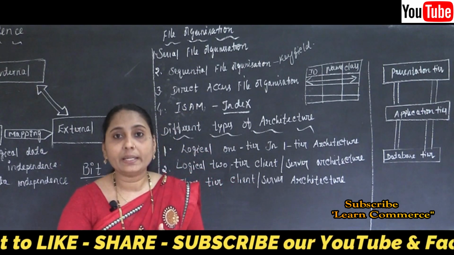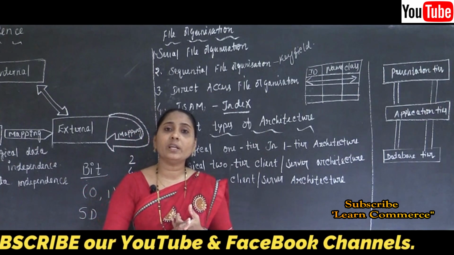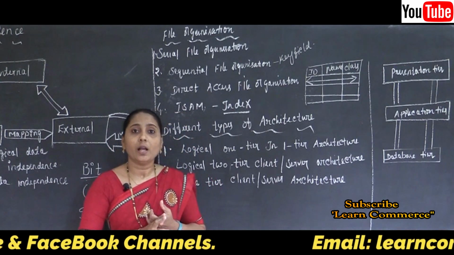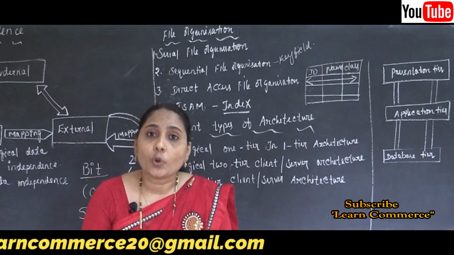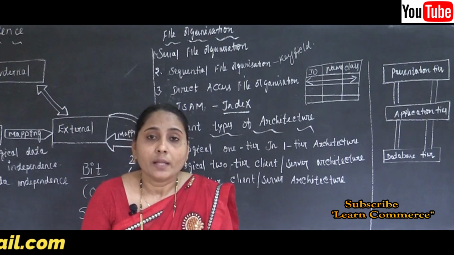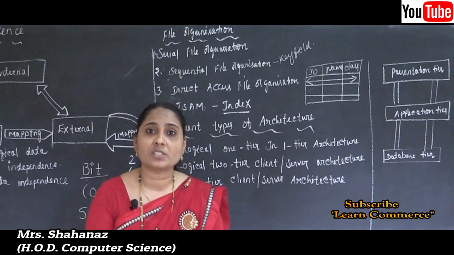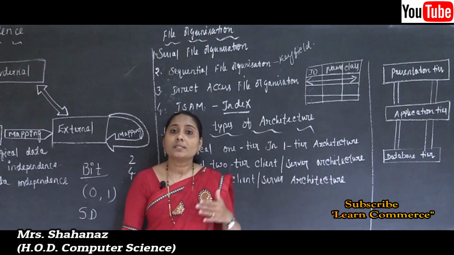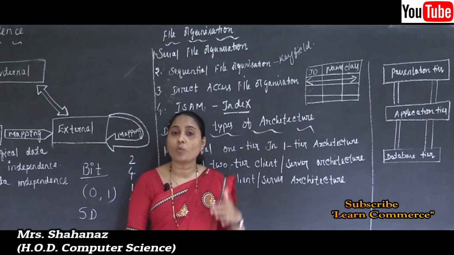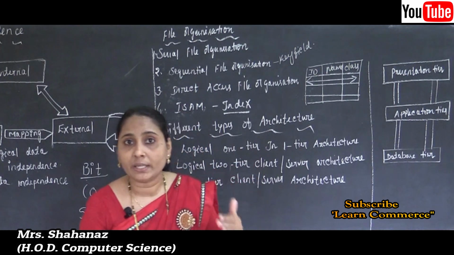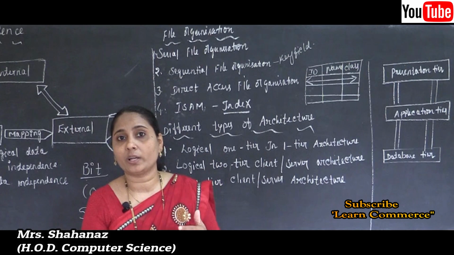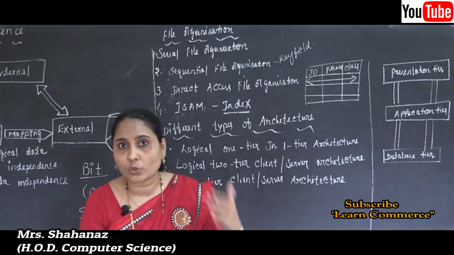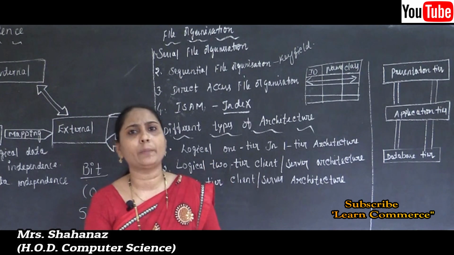And some of the disadvantages. What are the disadvantages in this case? We know that the file must be stored in a storage medium. The file is stored using the method we use in direct access file organization, and there we store the file using primary storage.